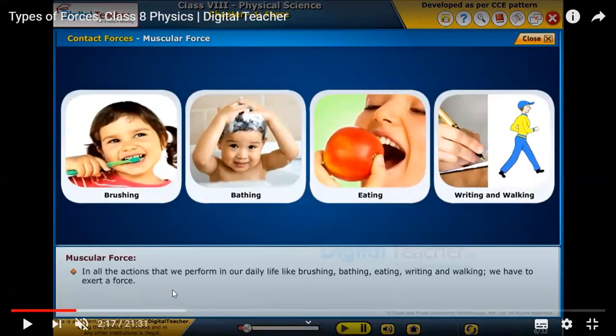Muscular force is a contact force in all the actions that we perform in our daily life, like brushing, bathing, eating, writing, or walking. We have to exert a contact force.